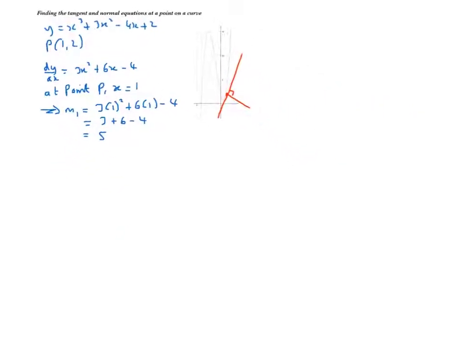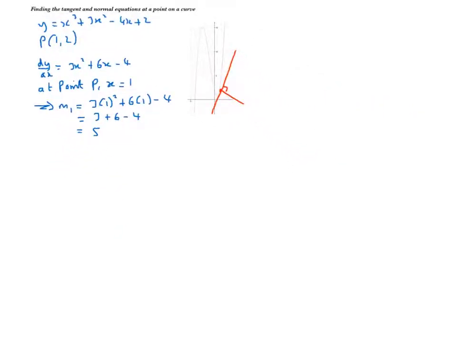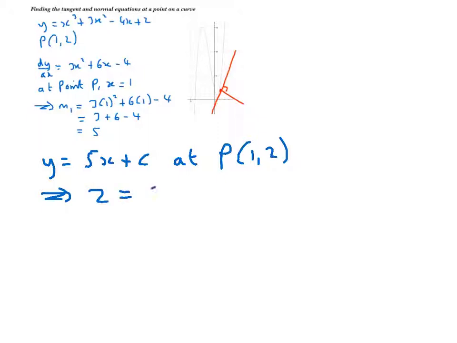So let's finish this off, and just like you were doing with your line geometry, I have y equals 5x plus c at my point P, which is (1, 2), and then it's just a case of finding c. So I sub those numbers in, so I get 2 equals 5 times 1 plus c, and therefore c must equal minus 3.